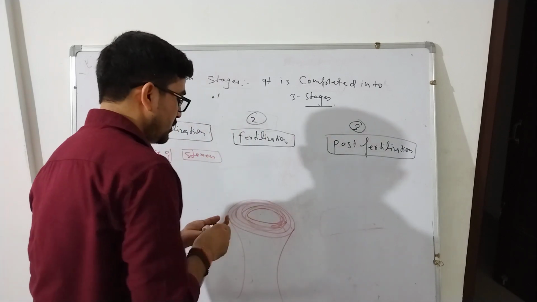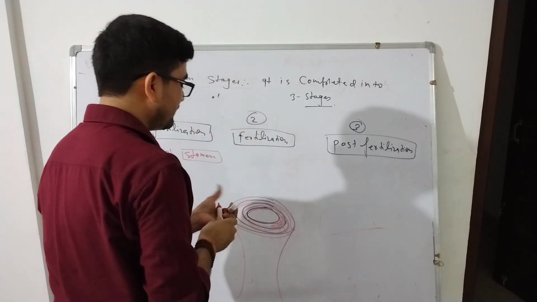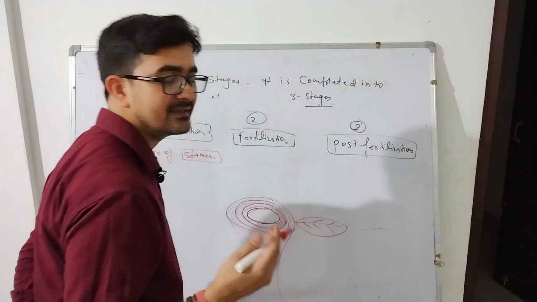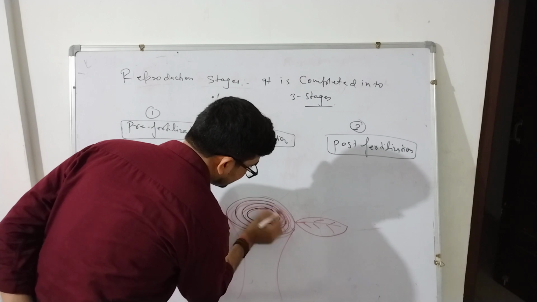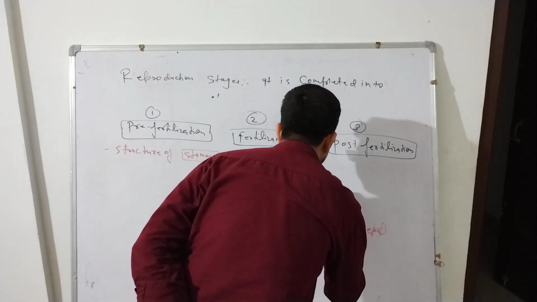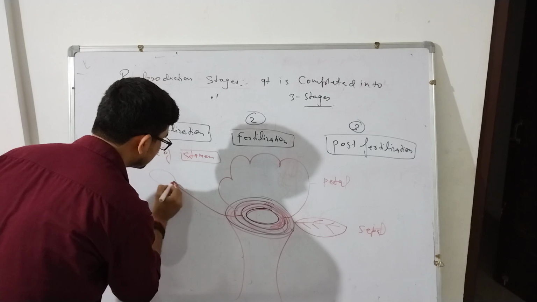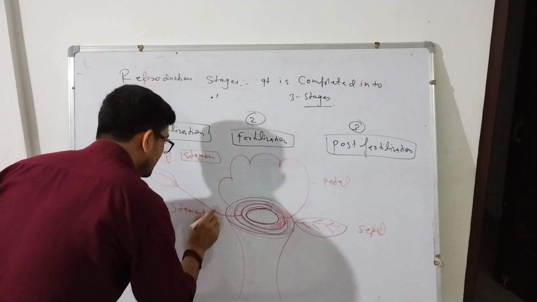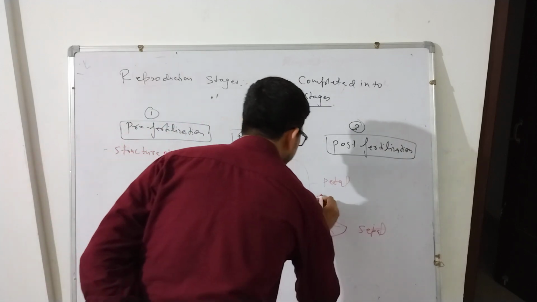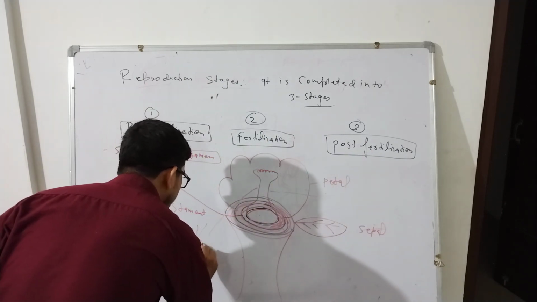This is the pedicel. The outermost layer forms the sepal, that is the green leaf-like structure. The second layer forms the petal. The third layer forms the stamen, and the innermost forms the pistil. Another name of pistil is carpel.